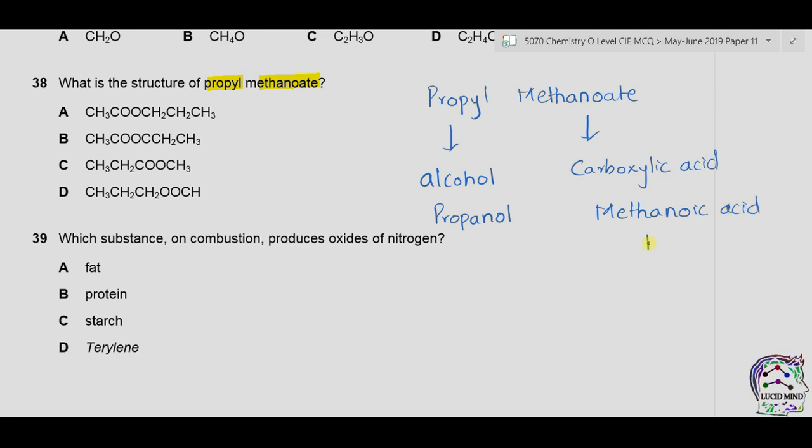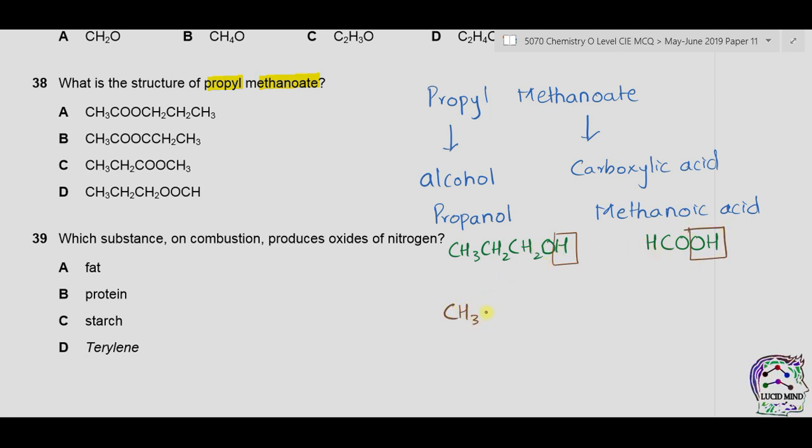The formula of methanoic acid is HCOOH, while the formula of propanol is CH3CH2CH2OH. We have 3 carbon atoms, 1 OH, and in methanoic acid we just have 1 carbon atom. Now when these two react together, what happens that H and OH, they form water, while rest of the compound joins with each other.